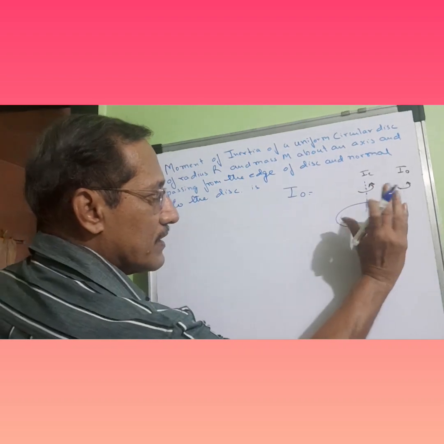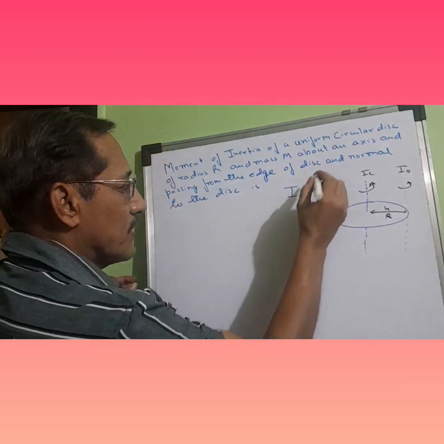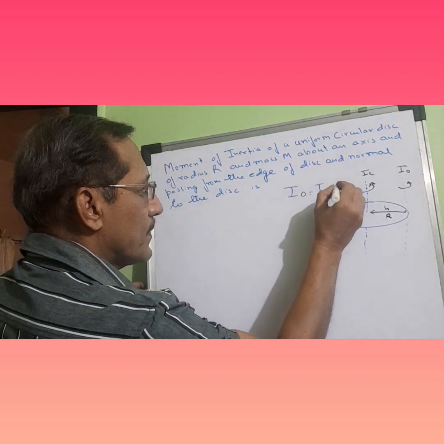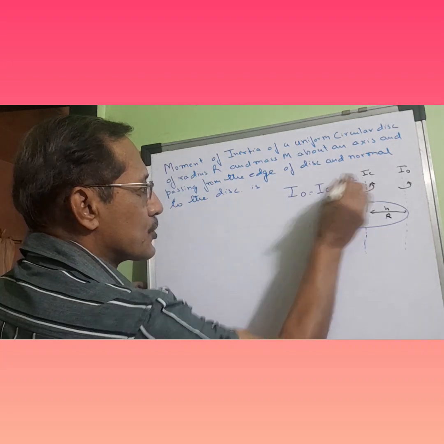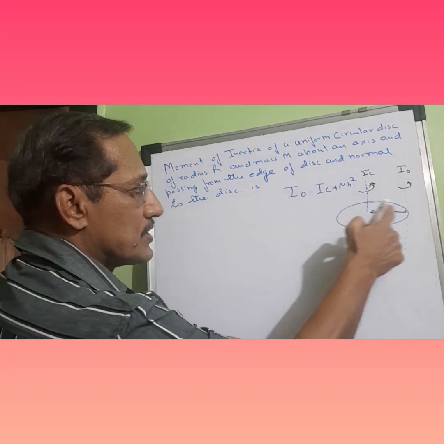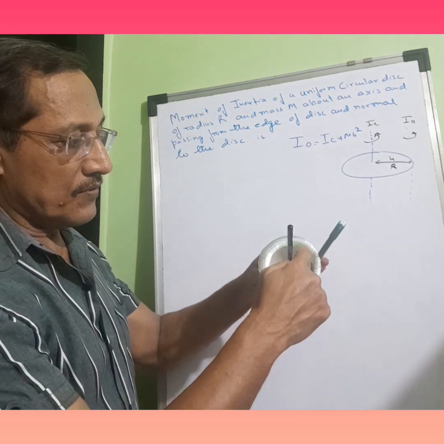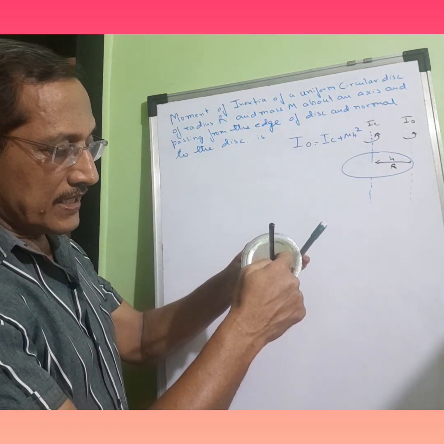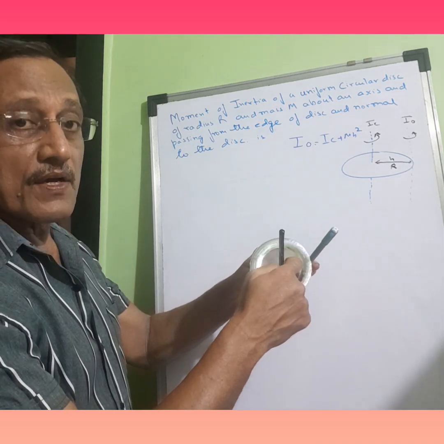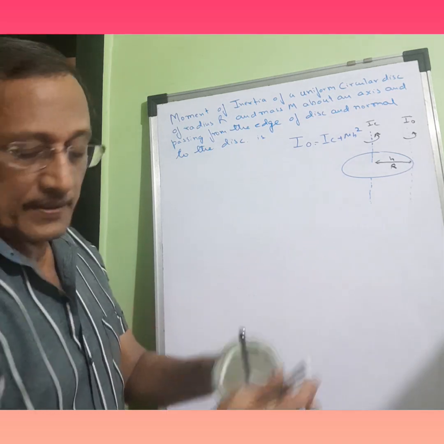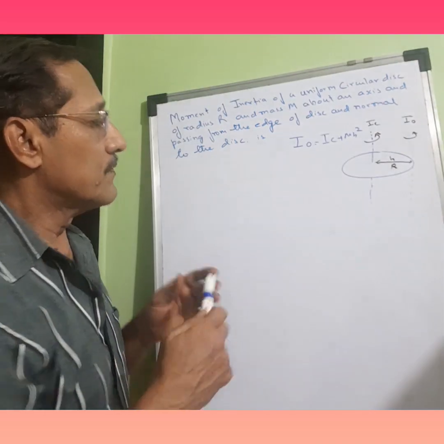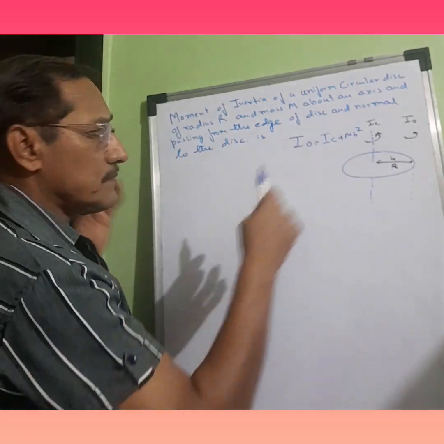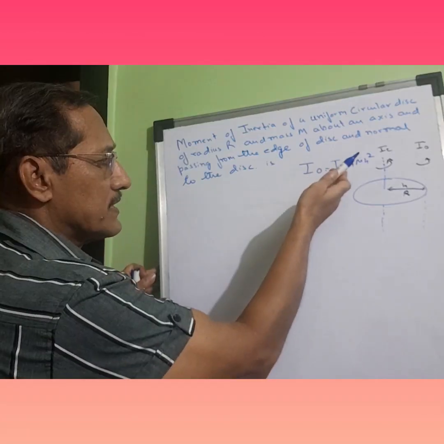So I0 is equal to IC plus mh square, where this distance is h, and coincidentally this is also the radius of the disk. So the formula is I0 equal to IC plus mh square.